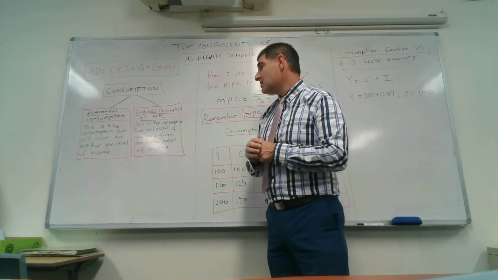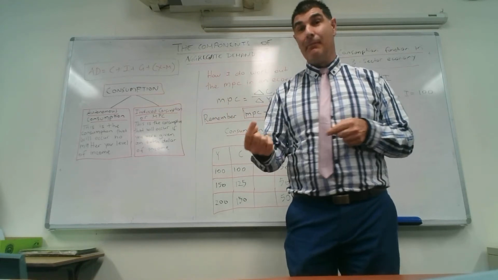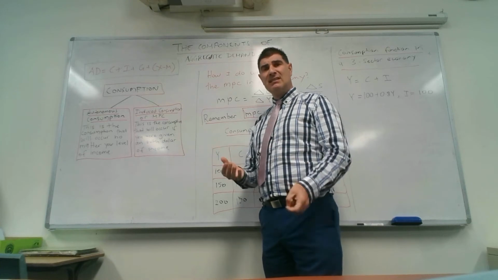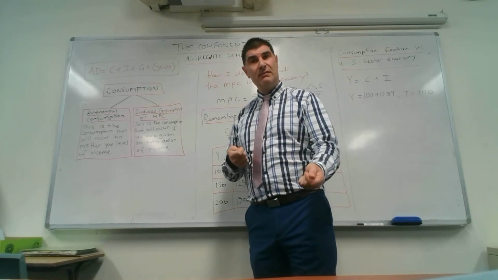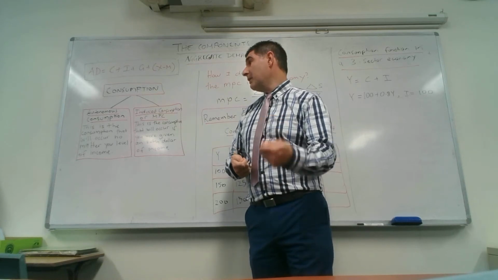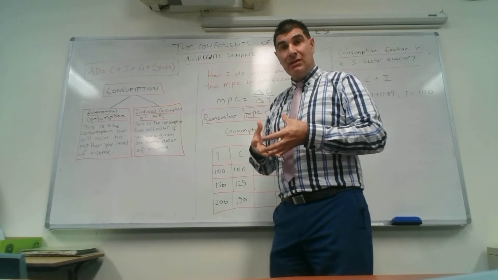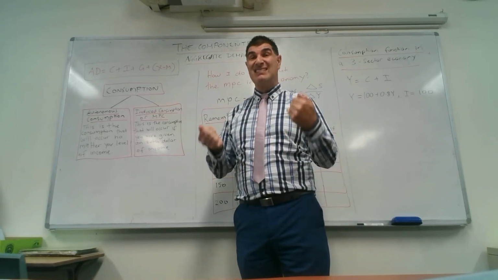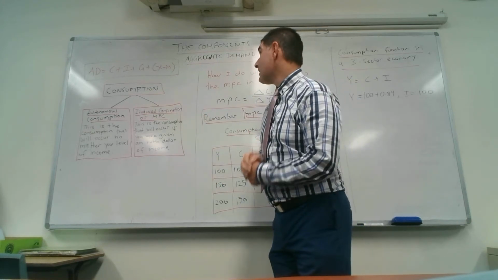That is consumption that will occur given an extra level of income, an extra dollar of income. If we give you $1 of income and you spend 80% of it, your MPC will be 0.8. So consumption isn't just about spending, it's about different types of spending, and it's really important that you know those two definitions.